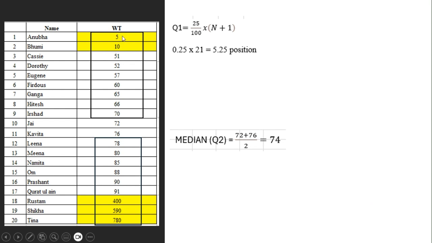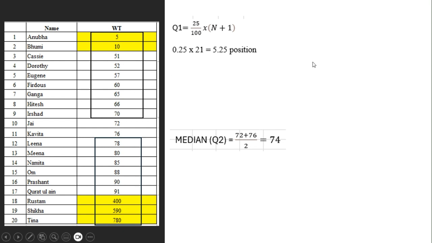So here I can see 1, 2, 3, 4, 5. I have reached the 5th participant, named Eugene. So my value will lie somewhere between Eugene's weight and Firdaus's weight. That is where my Q1 value will lie.